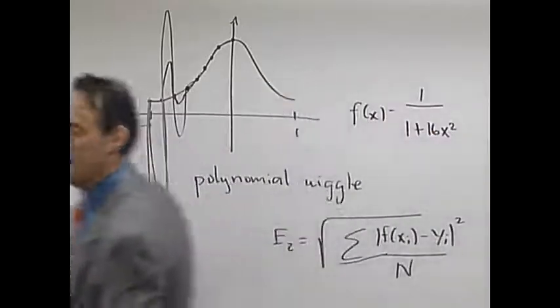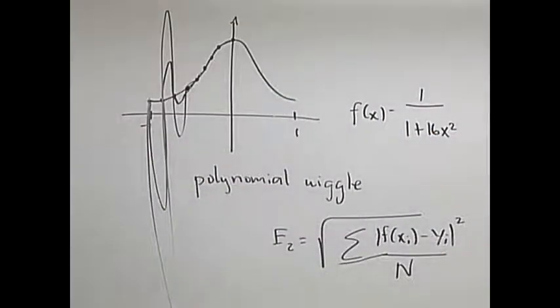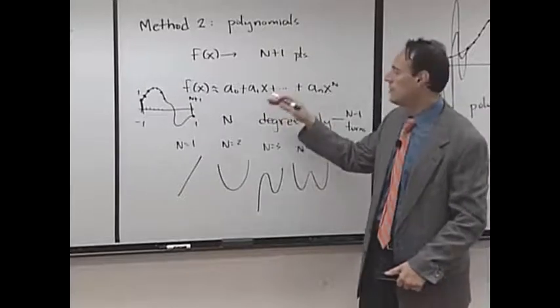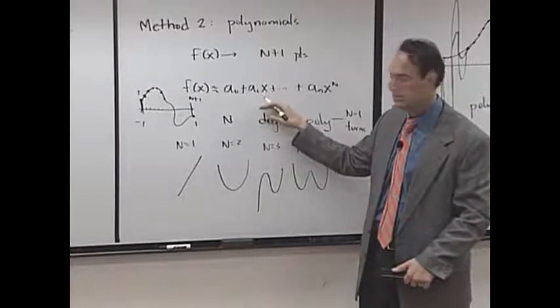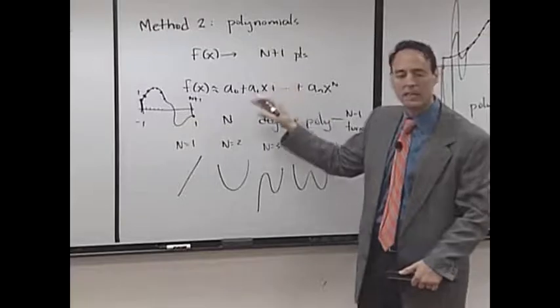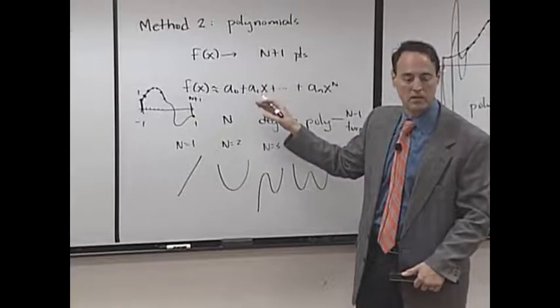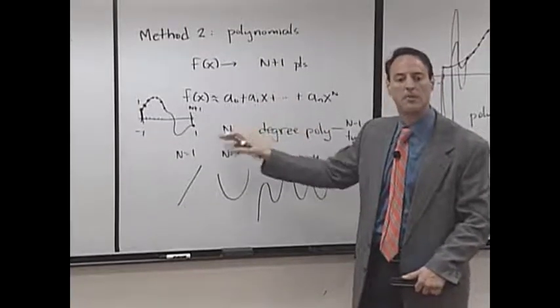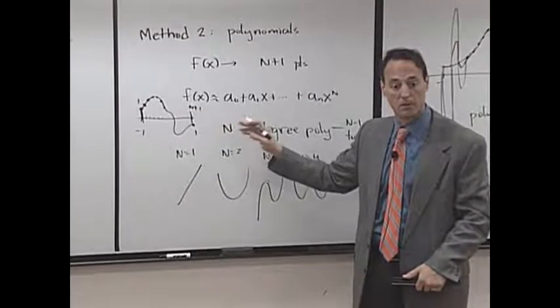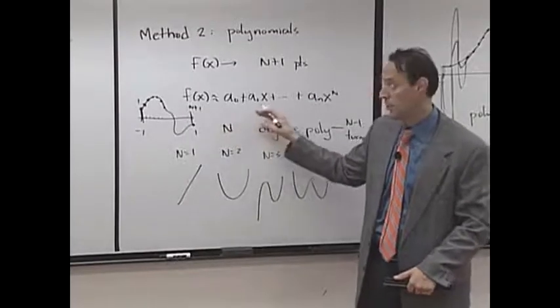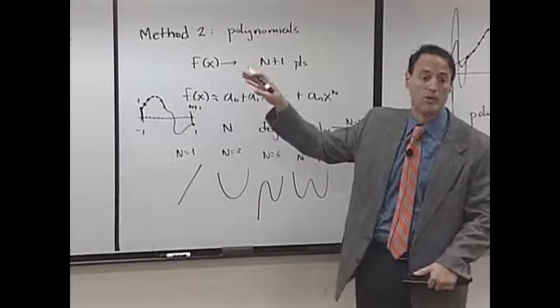Well, in that form, if you take a Taylor series, basically, on an evenly spaced domain, you will always have a problem with the fitting at the boundaries. You always get this polynomial wiggle issue, which, by the way, is a lot worse than even method 1.